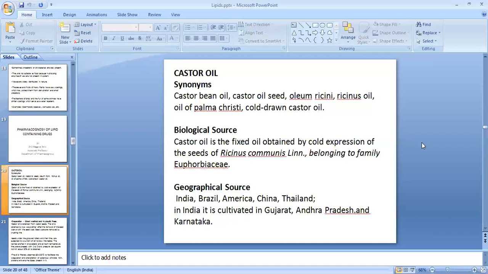And for geographical source, it is mainly indigenous to Brazil, which is the world's number one producer of castor oil, and secondly India. Apart from this, the other places where castor oil is produced are America, China, and Thailand. In India, it is cultivated in Gujarat, Andhra Pradesh, and Karnataka.